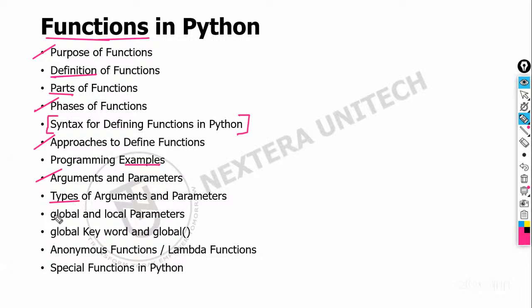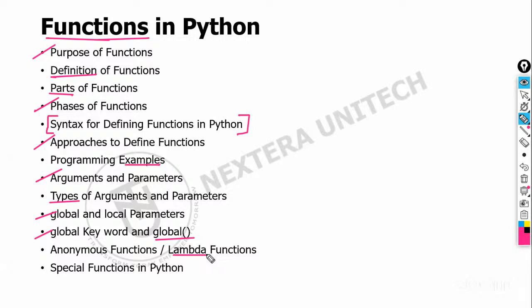Then we also have global and local parameters. Okay, so there are global and local parameters, right? Then we also have global keyword, where we are supposed to use this global keyword and the global function. We will be understanding it, followed by the lambda functions, also called as anonymous functions.